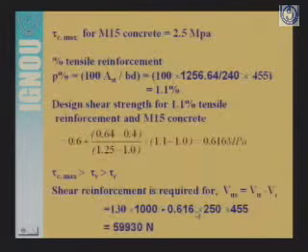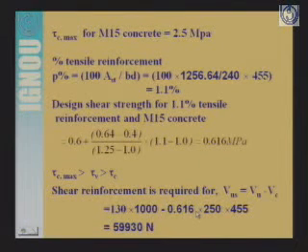Now we should find from the code the tau c max, the maximum shear stress for the concrete. As you know, the concrete grade given here is M15. So for M15, from the code you will find that tau c max is 2.5 MPa.